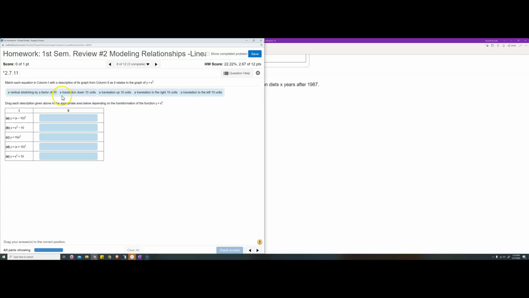That would be a slide 10 to the right. So a translation of 10 right. Okay, the next one, I'm going to skip down here because it's in parentheses. That would be 10 left, bizarro world.